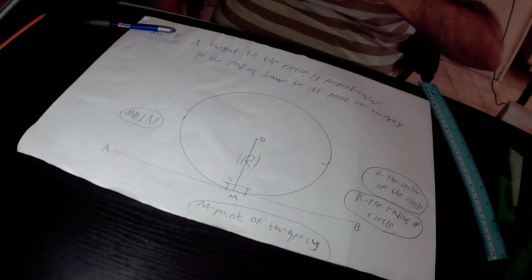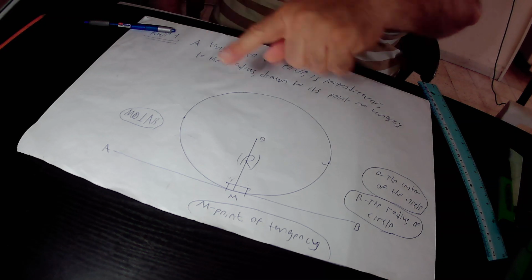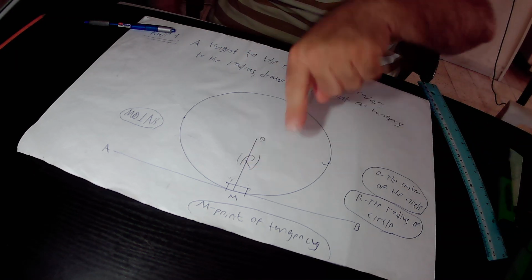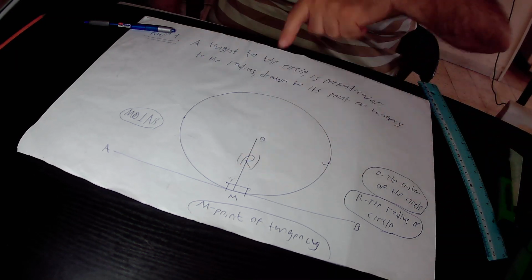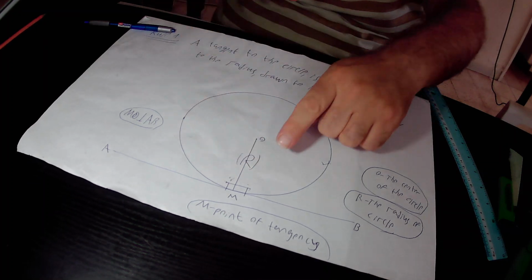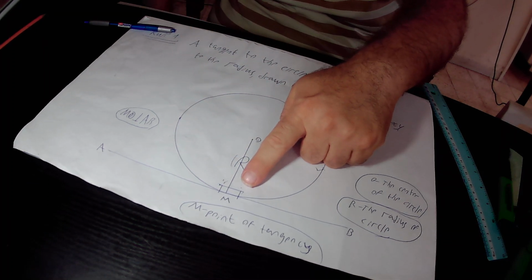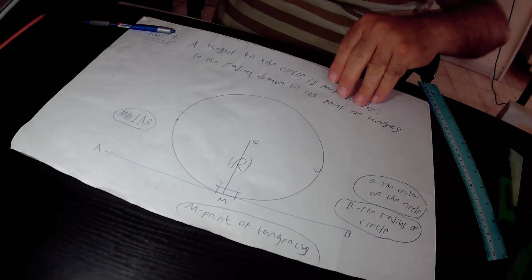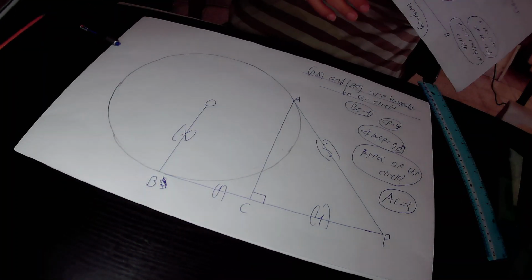Whenever you have a radius drawn to the point of tangency, then tangent AB is perpendicular to the radius MO. If AB is perpendicular to MO, it means that this angle equals 90 degrees, and this angle also equals 90 degrees, according to rule 1. So we can actually implement rule 1 in our drawing.